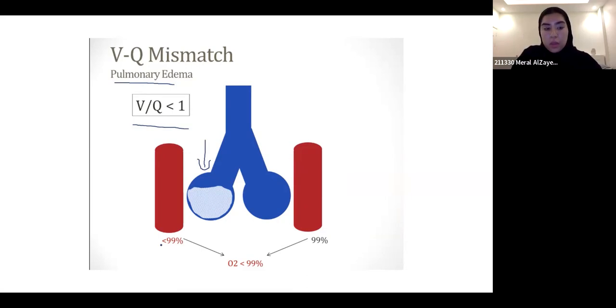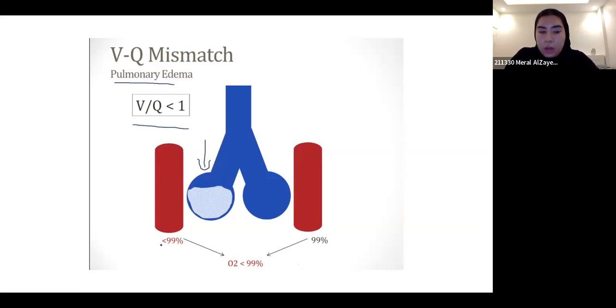Why do we have a VQ ratio mismatch here, which will give us hypoxemia? Due to less ventilation on the left side, it will give the arterial system blood that's not well oxygenated, and the right side will give us oxygenated blood. So if this gives us non-oxygenated blood and this gives us oxygenated blood, our total will be blood that's not oxygenated to the normal level where we want it.